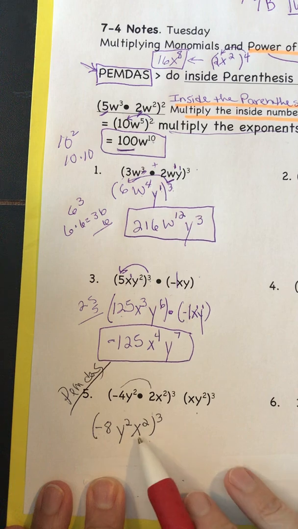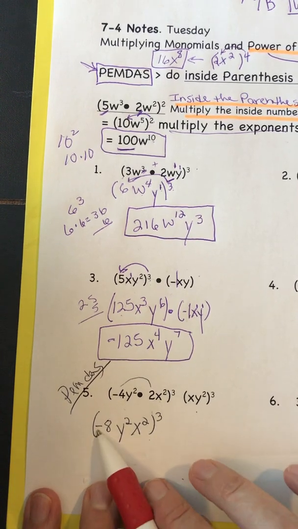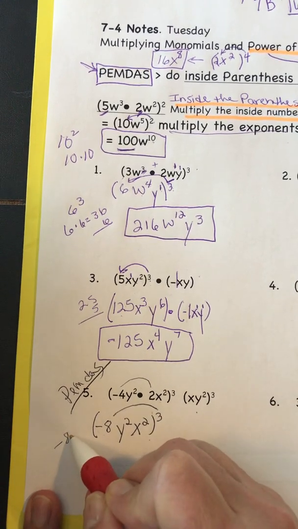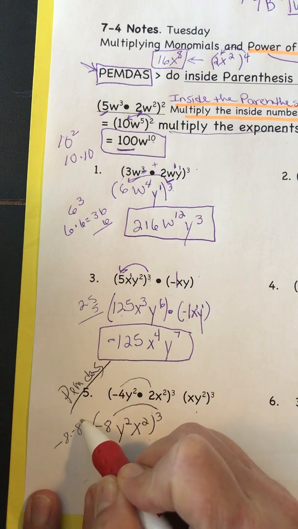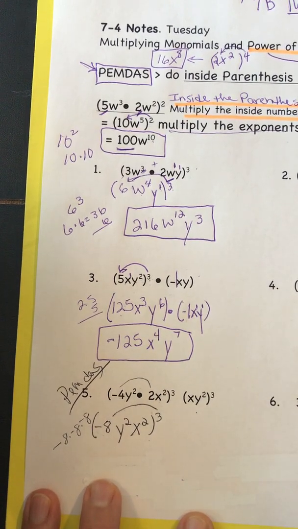You can see what it looks like now, power of powers. The first thing I remember is I do the number first, -8 to the third power: -8 times -8 times -8. I definitely need my calculator on this problem.